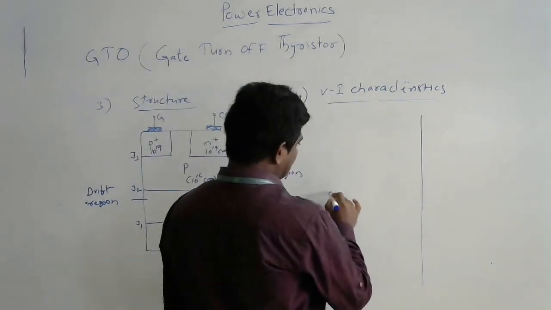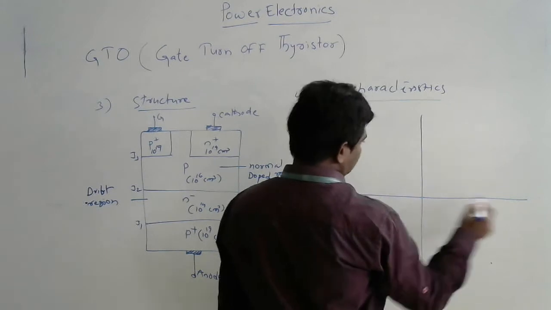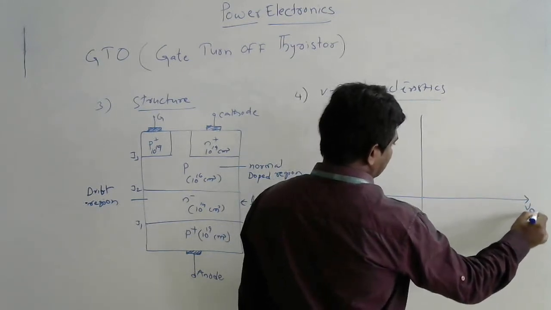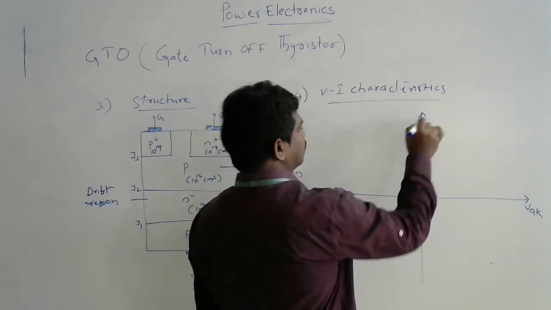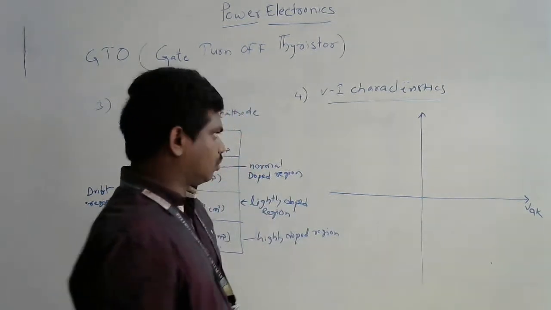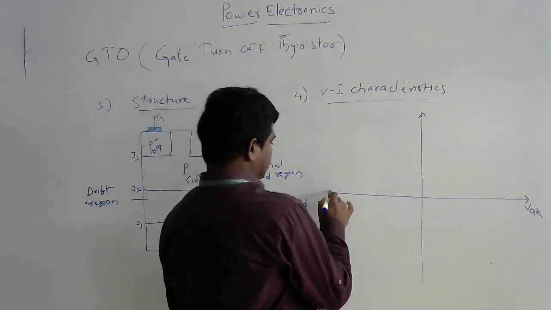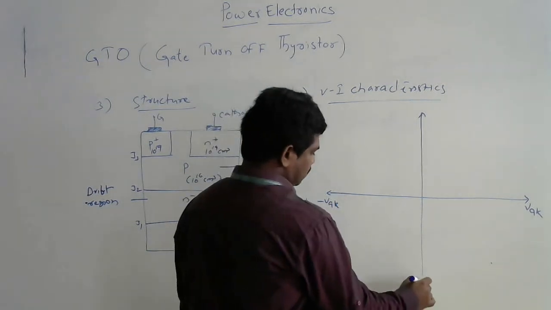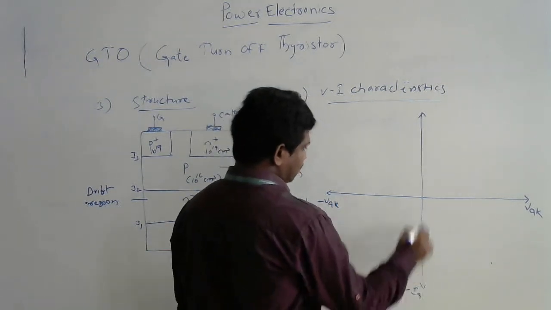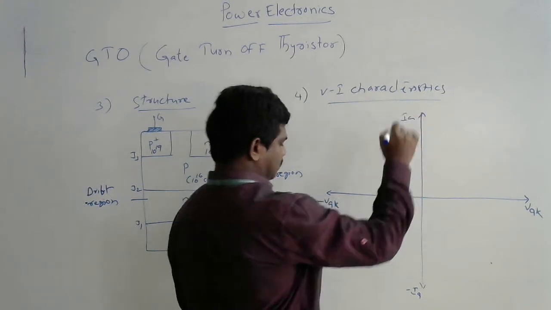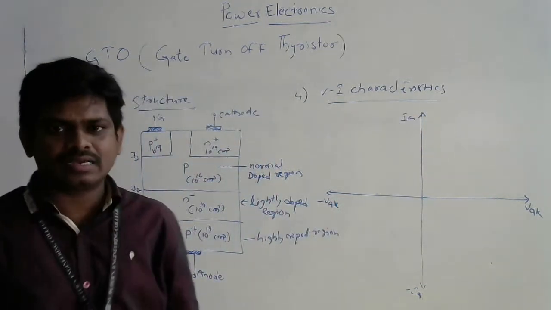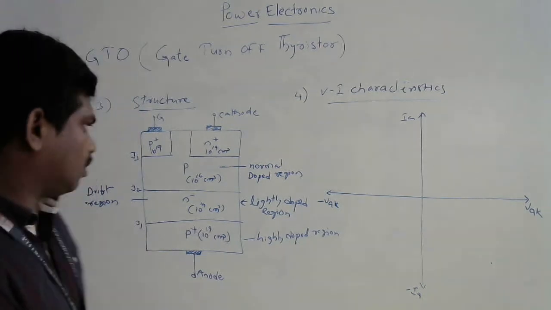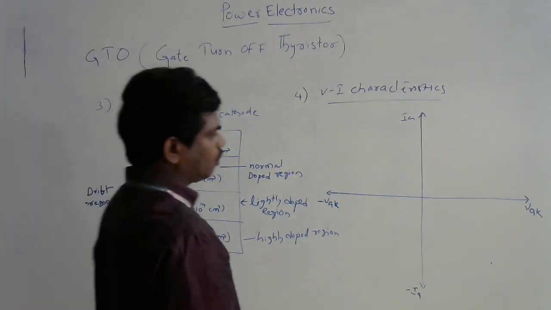So these are my characteristics. This is my VAK, the voltage applied across the anode and cathode terminals. This is minus VAK, and this is minus IA. This is plus IA. What do you mean by IA? IA is the anode current, which flows from anode to cathode.